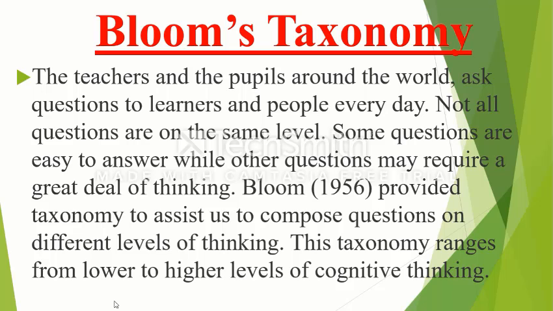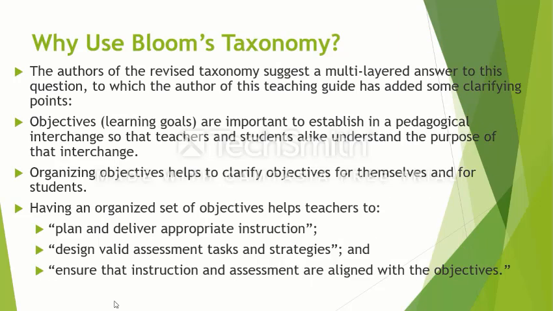So when we use different ways to answer the questions, then our level of cognition also changes. So Bloom told us about the different levels of thinking and also different levels of questions. Is it clear? Now let's see why we use Bloom's taxonomy.